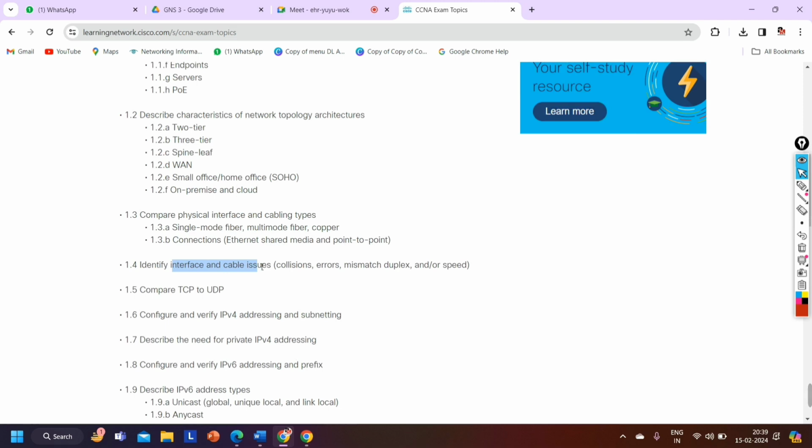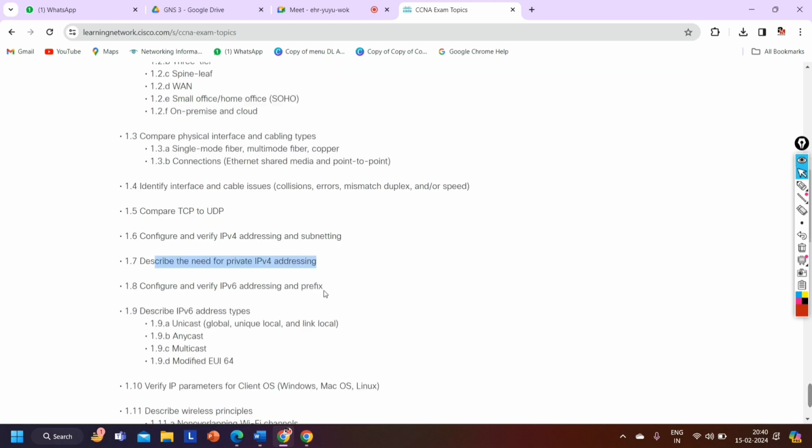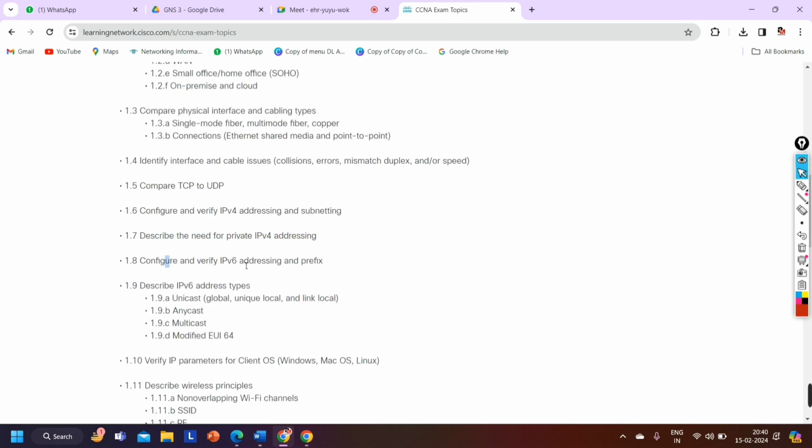Identify interface and cable issues. This is again part of troubleshooting. Cabling issues, like if there is a fault in the cable, what type of error you can get and how to troubleshoot it. Then in the OSI model, you will learn the TCP and UDP protocols, which are very important in CCNA. Then configure and verify IPv4 addressing and subnetting. Describe the need for private IPv4 addressing, configure and verify IPv6 addressing and prefix.